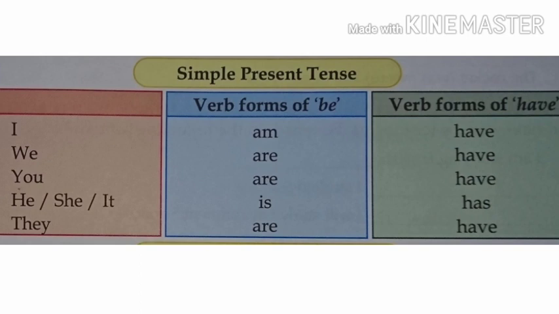And look at the third column, verb forms of have. The verb forms of have are have and has. With the pronoun I, we use am and have. With we, we add are and have.